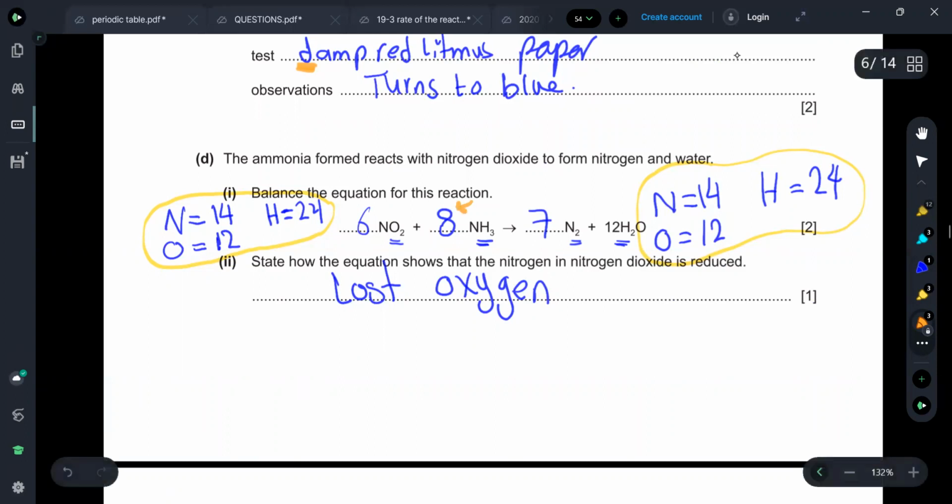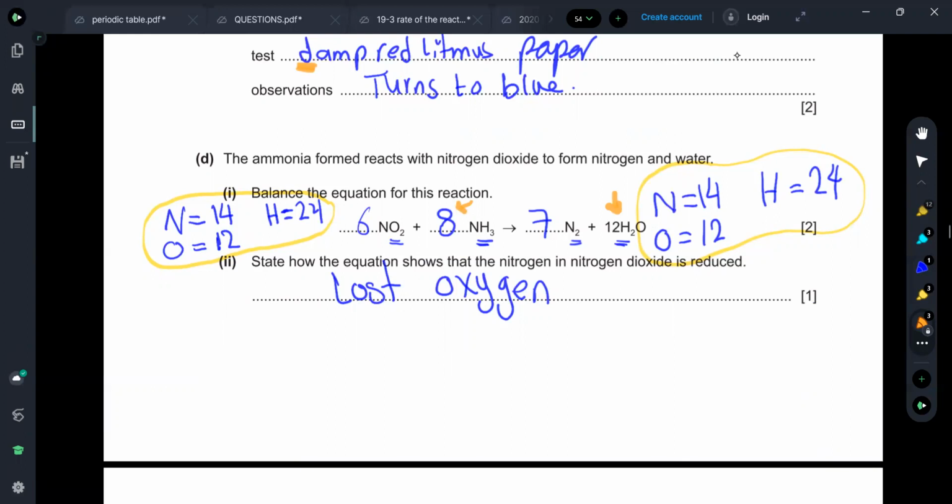Put 8 in front of NH3 to be 24 on the reactant side. The number of atoms in the reactants must be equal to the number of atoms in the products. So first, balance hydrogen, the easy one. So 8 NH3. Then balance the nitrogen.